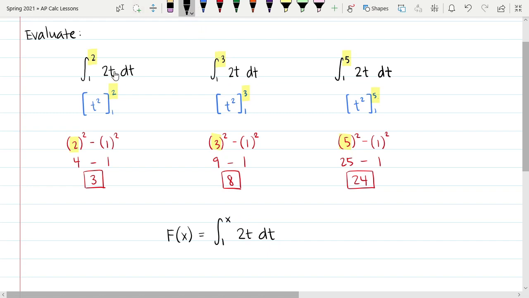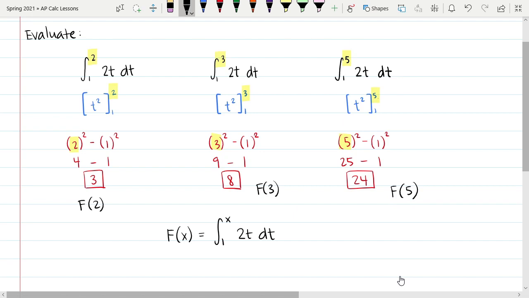So the first definite integral, from 1 to 2, was the same as finding big F of 2. The integral from 1 to 3 of 2t dt was like finding big F of 3. And this last one was like finding big F of 5.